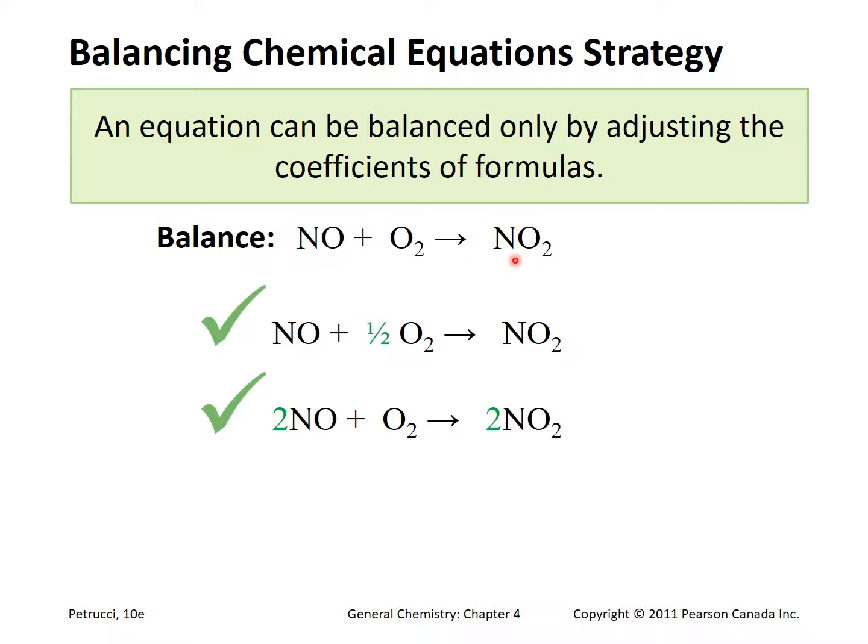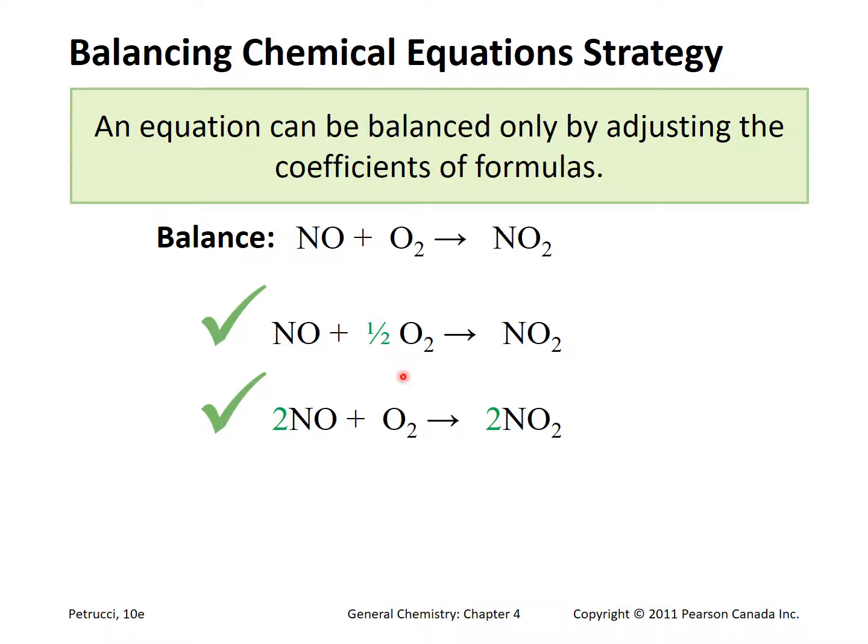on the right. So what we could do is add the stoichiometric coefficient 1/2 in front of this oxygen. This would give us 1 plus 1/2 times 2 equals another 1, or 2 oxygens on the left-hand side, and we have 2 oxygens on the right-hand side. Since the nitrogen and oxygens are balanced, this reaction is balanced.